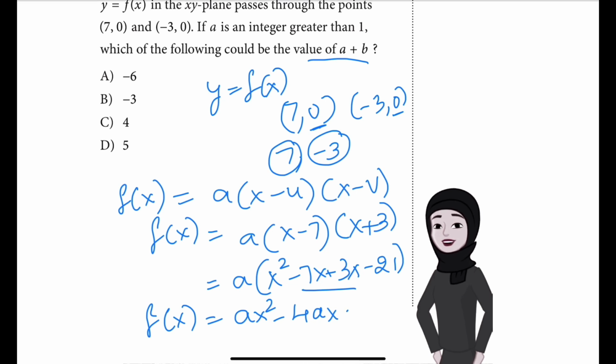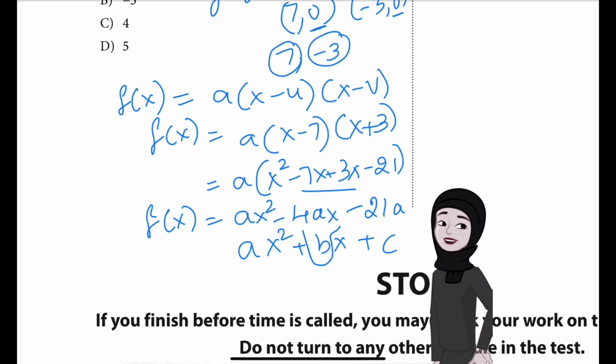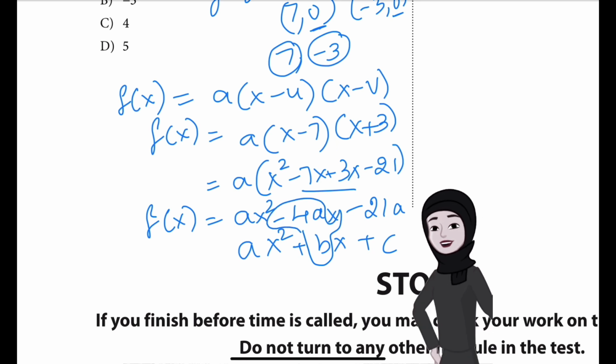Now if you compare this to ax squared plus bx plus c, you can see that b is equal to minus 4a.